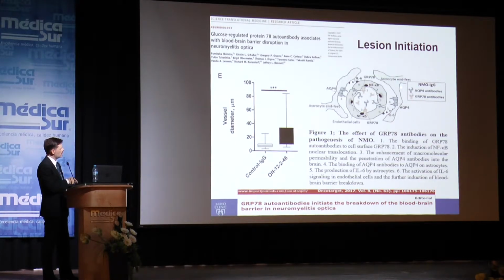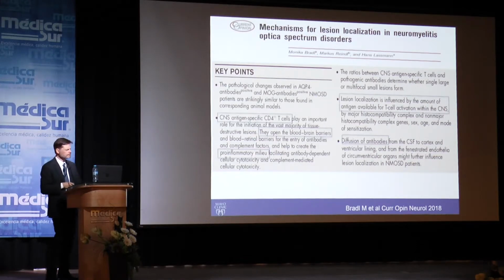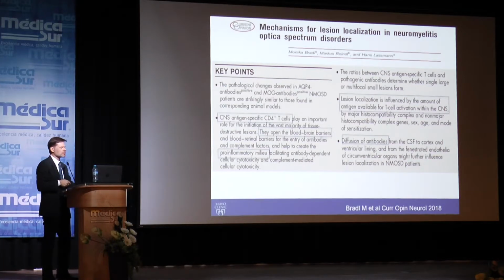So here's the astrocyte end foot. It's got aquaporin 4 on it. It's right up against the endothelium of endothelial cells that make up the blood-brain barrier. And GRP78 seems to play a major role in opening up that barrier. And potentially that's one mechanism where a dormant antibody could then become pathologic.